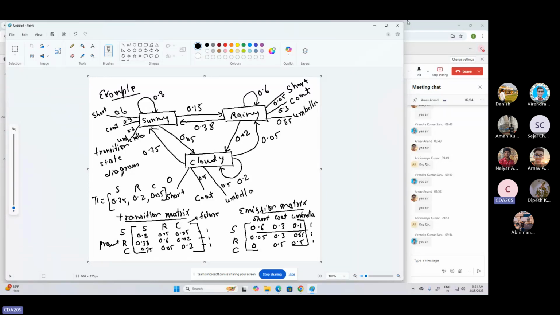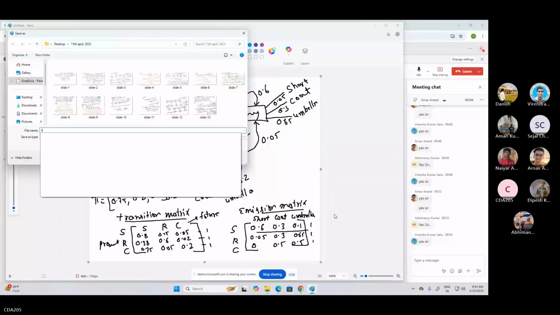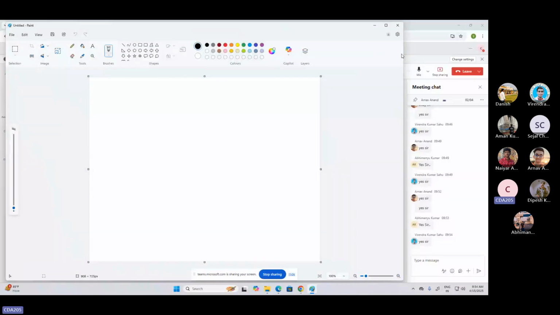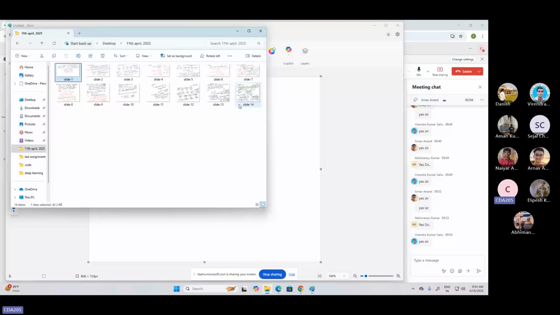Now come to this part. Next I will save this part. Now I have to open the 13 from the 14. You will understand this.